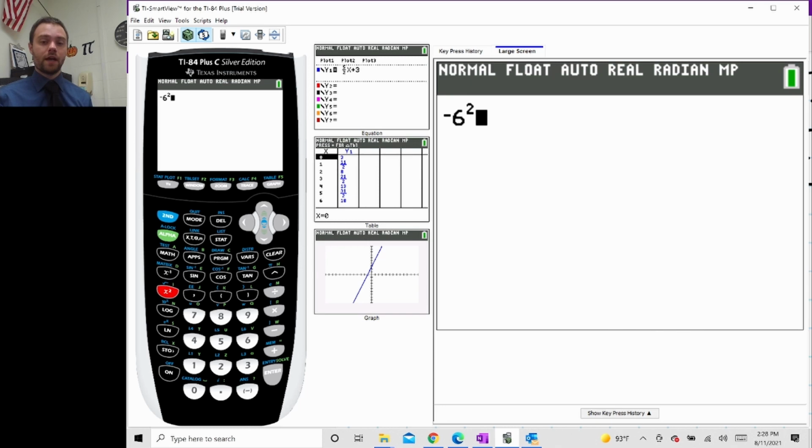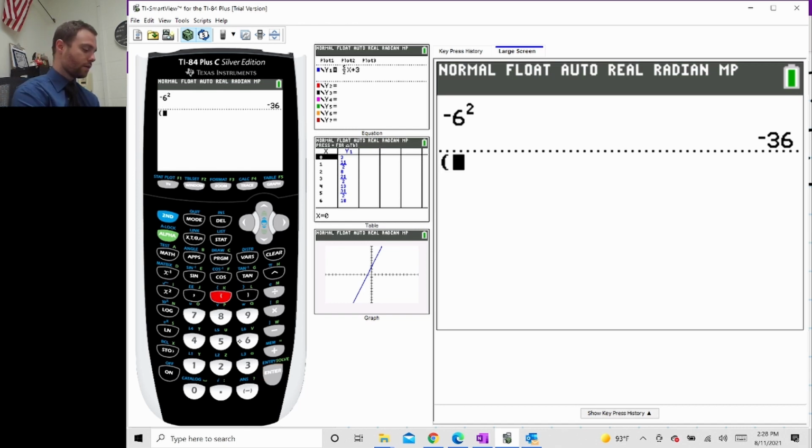So it's not the same thing as typing parentheses around that negative 6. What it's saying is you're multiplying negative 1 by 6 squared, so you're going to get back a negative. That's negative 36. So whenever you square a negative in the calculator, get in the habit of putting parentheses around it.